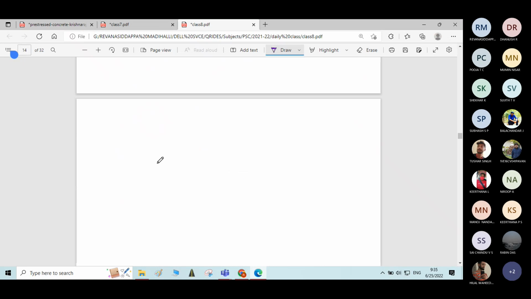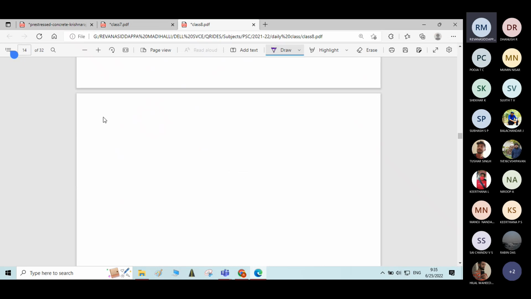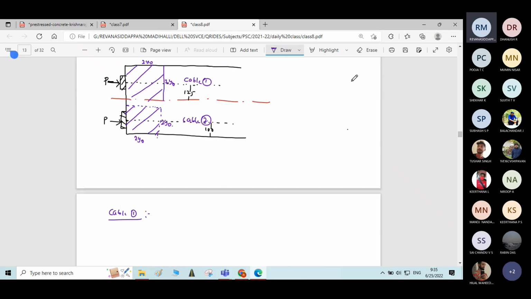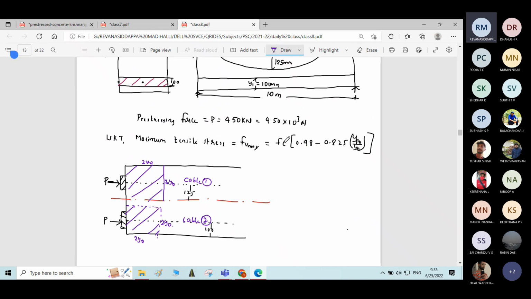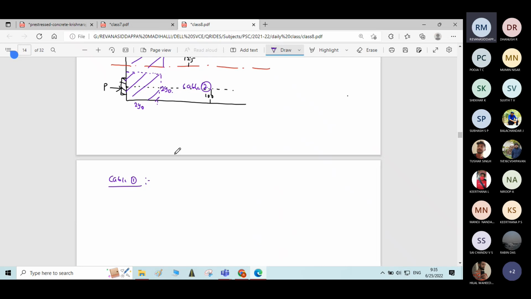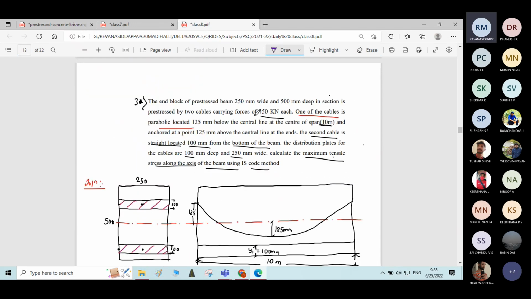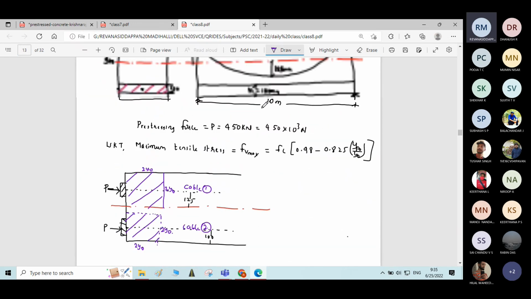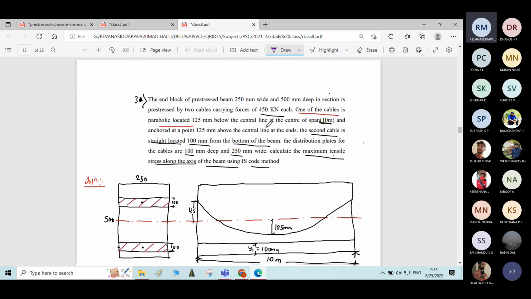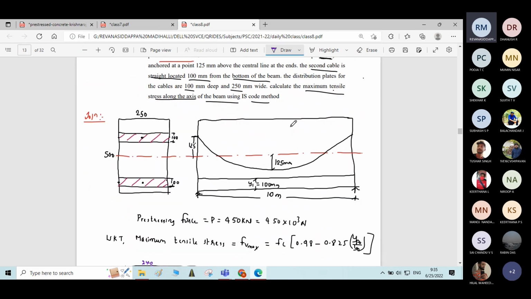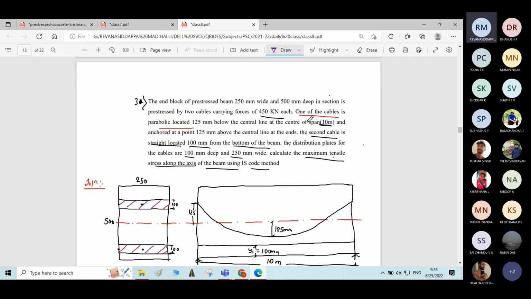First, we will calculate for cable 1. What are the things we need? We need the value of FC. For getting the value of FC, first do some initial calculation. Here the pre-stressing force P is given as 450 kilonewton. And the area of cable is also given. Here you can see.